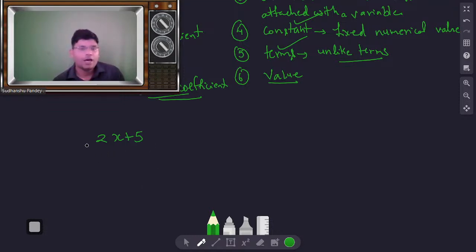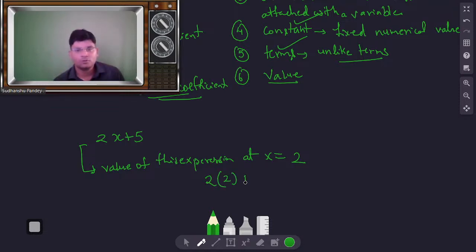Now if I ask you what is the value of this expression at x is equal to 2, what will you do? You will multiply 2 times 2, and then add 5, so this is going to be 9.